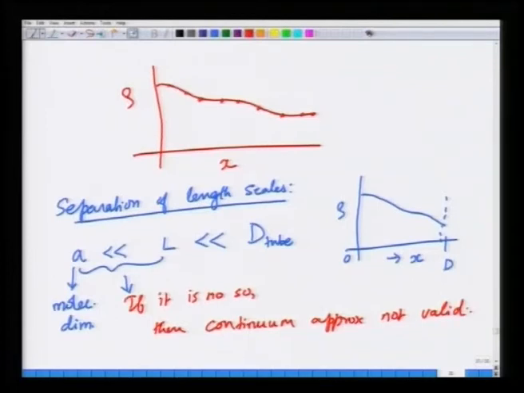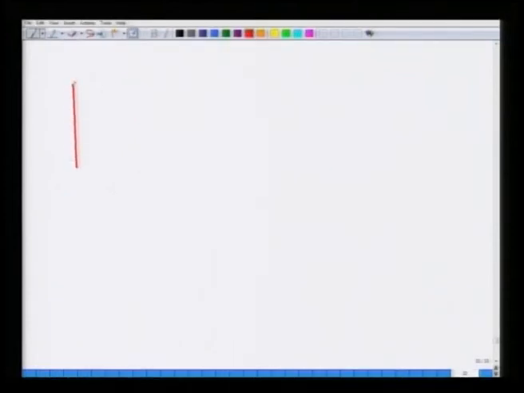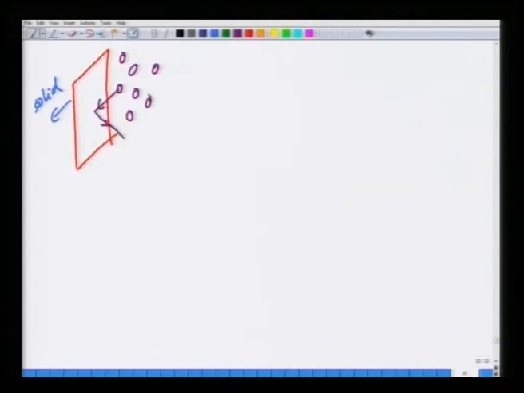Now, the same thing can be extended to quantities like pressure. For example, let us take the case of pressure, where you take a rectangular surface, a solid flat surface, and let us say there are fluid molecules, gas molecules, that are coming and colliding and bouncing back and so on.